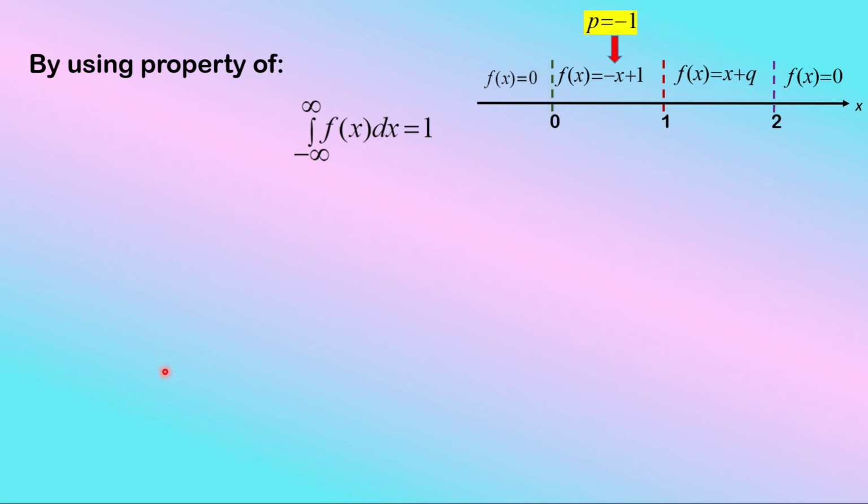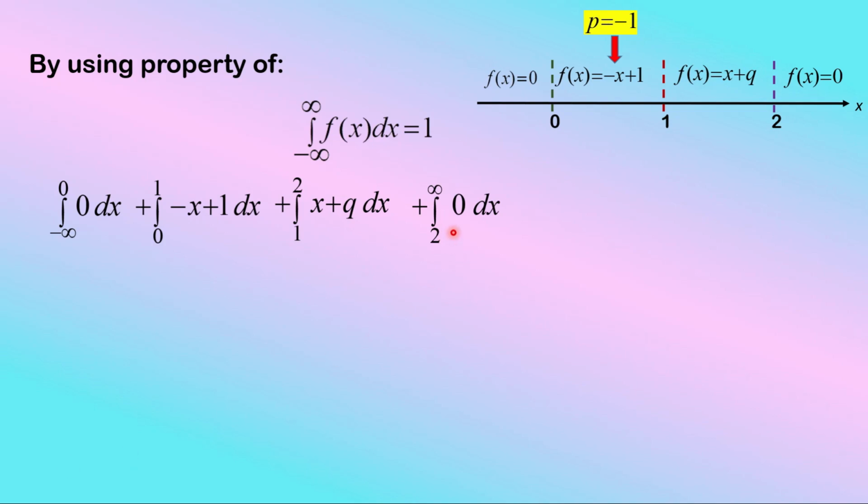First interval, integrate function 0 from negative infinity to 0. Then for the second interval, integrate negative x plus 1 from 0 to 1. And third interval, integrate function x plus q from 1 to 2, and the last interval, integrate function 0 from 2 to infinity, and equals 1.